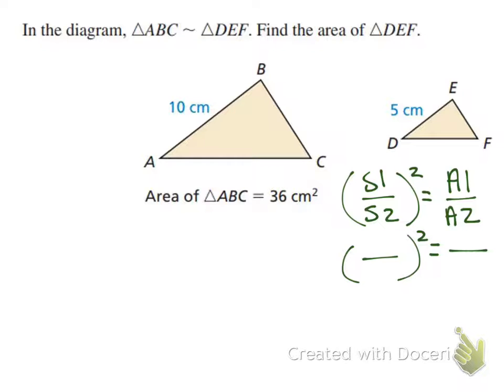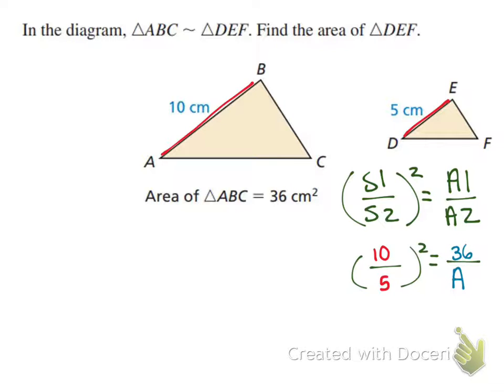What is the side we're given on the first shape? 10. And then the side we're given on the second shape? 5. And then the area of the first, 36, and the area of the second is the one we do not know. Depends on what you want to do.